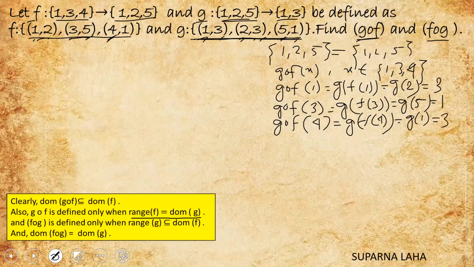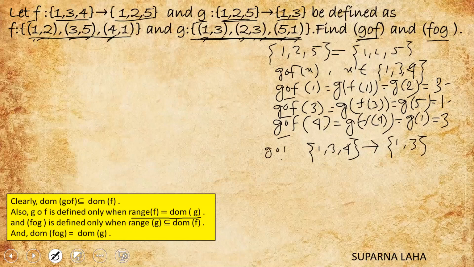So look, for the g of f function, the input is the set A, 1, 3, 4. And the range set is 1 and 3; these two elements are there in this range set.